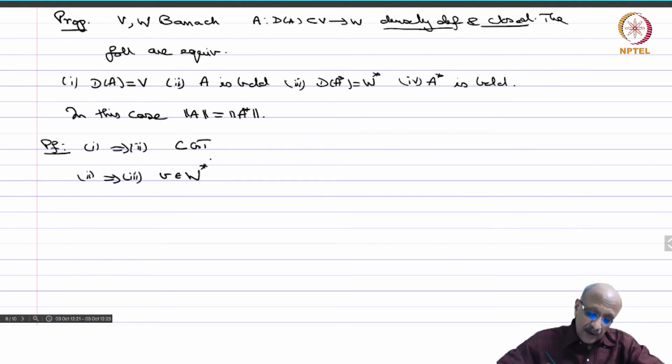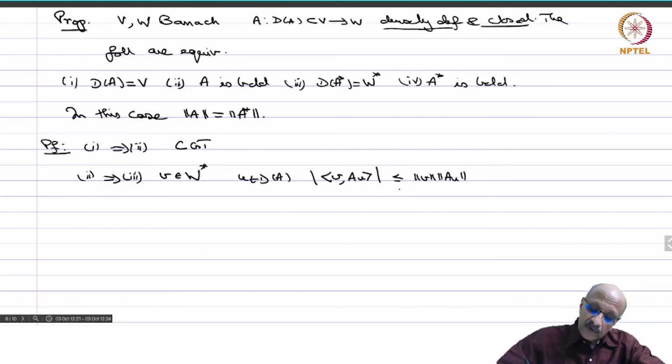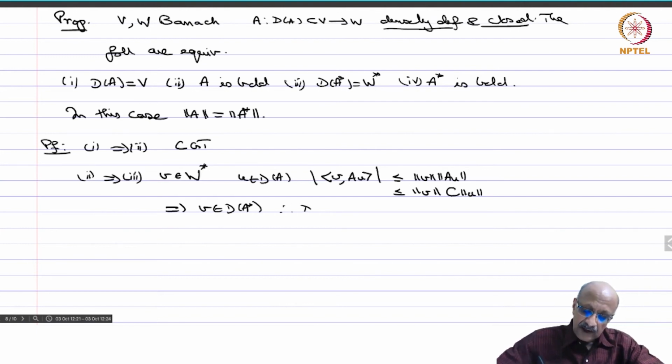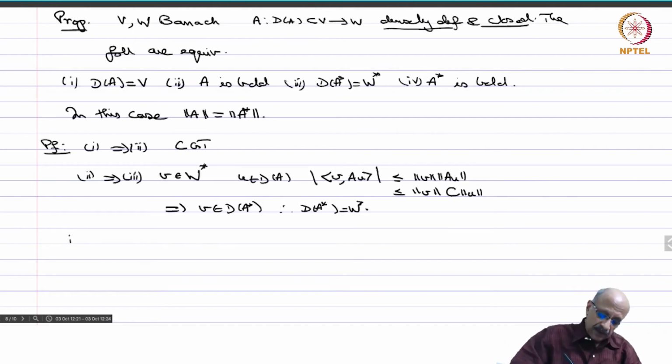If you take u in D(A) and then you take v(Au) and take the modulus, that will be less than or equal to norm v into norm Au, which is less than or equal to norm v into C times norm u, u in D(A). So this implies that v is in D(A star) by definition, and therefore D(A star) equals W star. We did this a little earlier already. Okay, so now 3 implies 4.